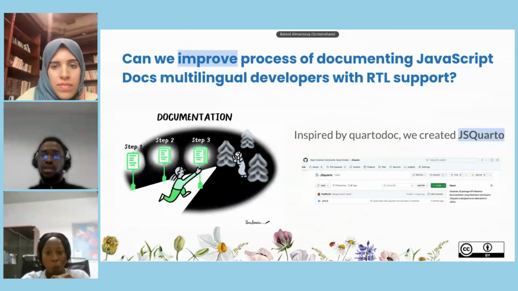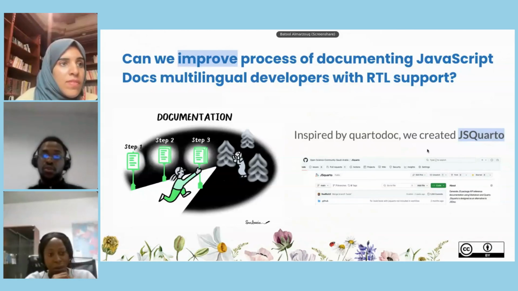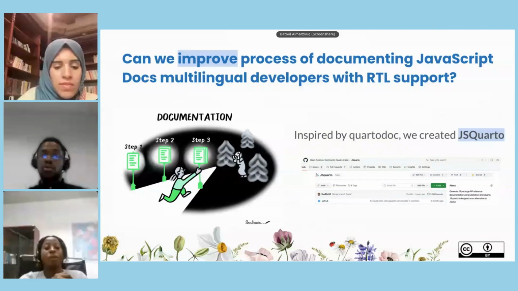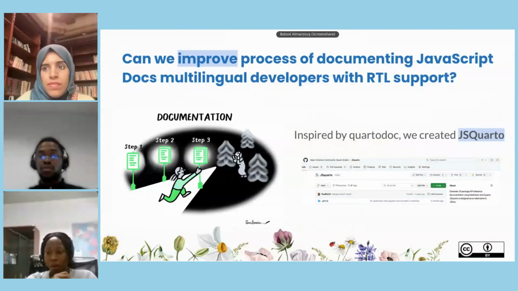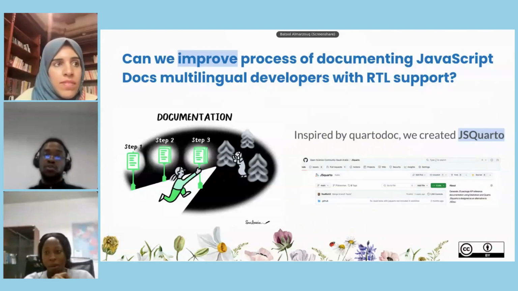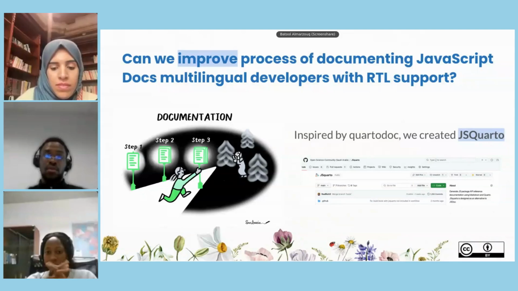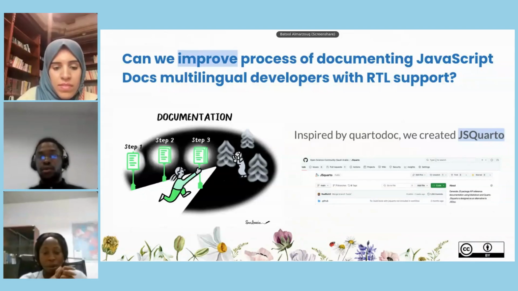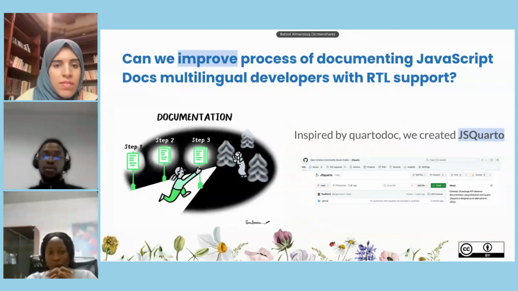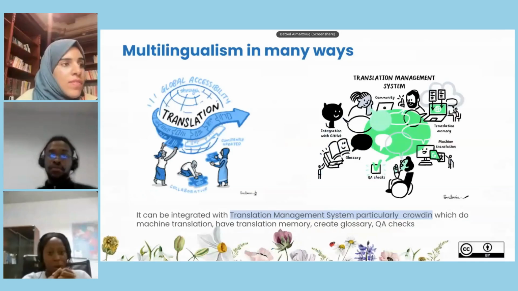And these were the issues that motivated us to work on this tool. So the main aim of this tool is just to improve the support for multilingualism and also improve the ease of generating these docs, while also supporting JavaScript, because as you know, JavaScript is the most used language across the web.